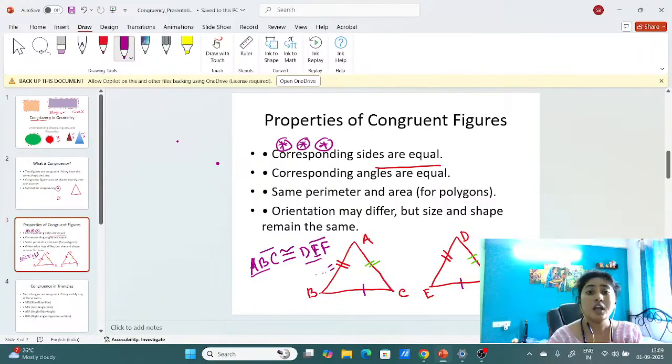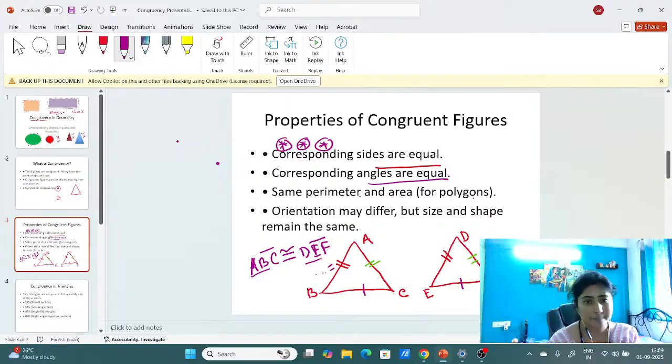If corresponding angles are equal, same perimeter and area for polygons, orientation may differ but size and shape remain the same.